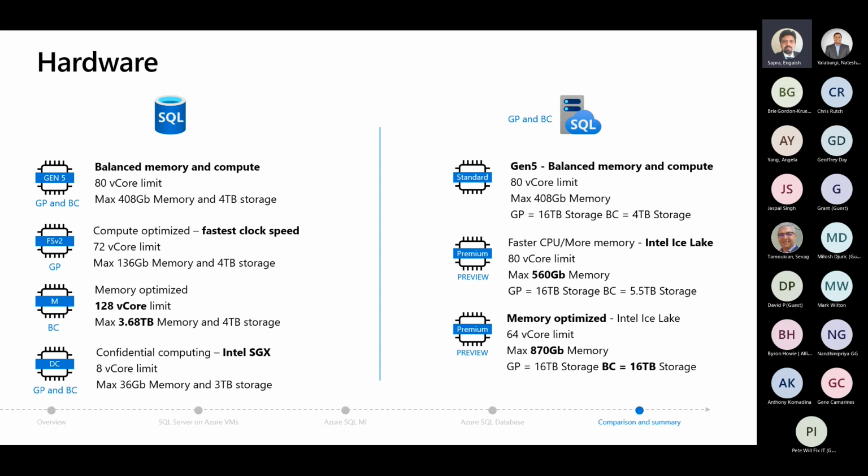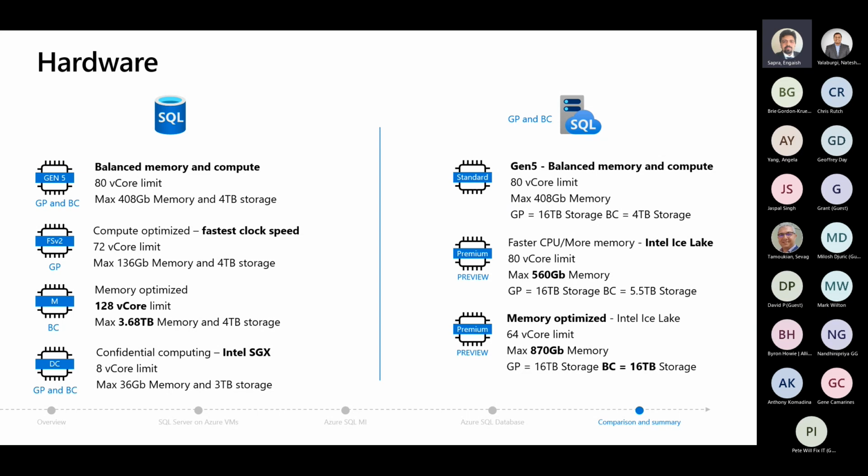Especially from an economies of scale perspective, they also pass on the savings and make the new generation VM series cheaper than the last one. So we should always look at what's the latest generation. And Roshan and I do help you with that as part of the solution scope.